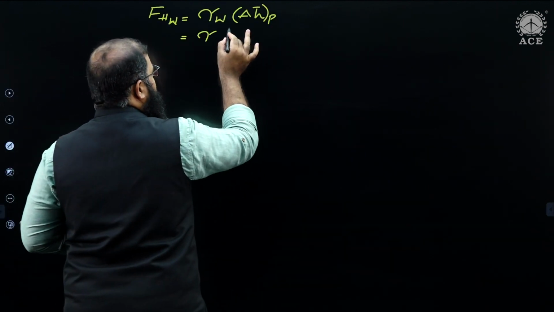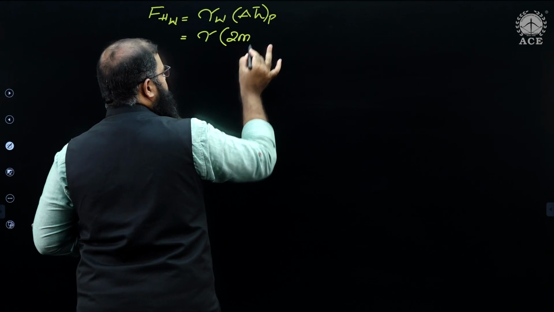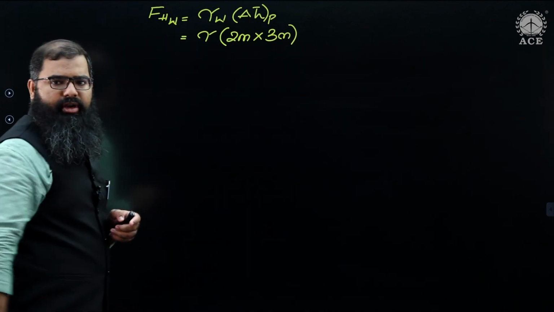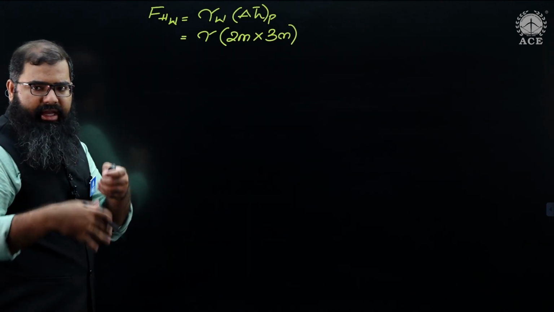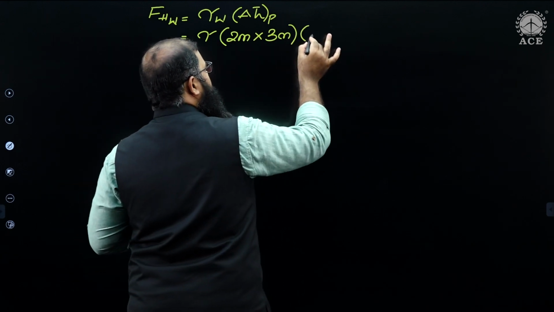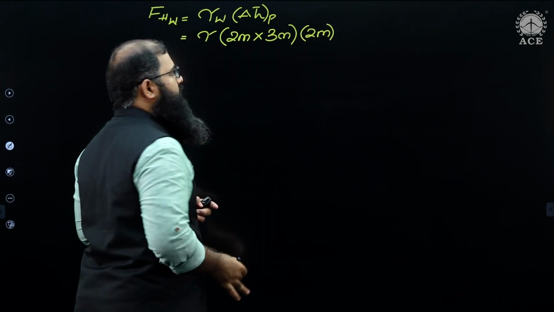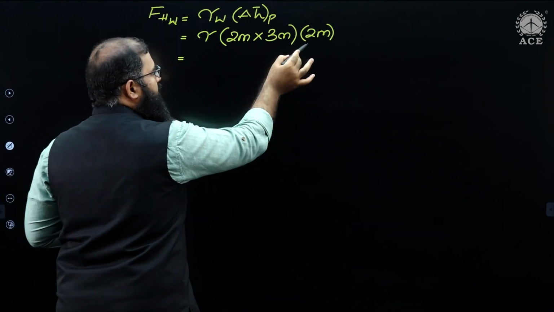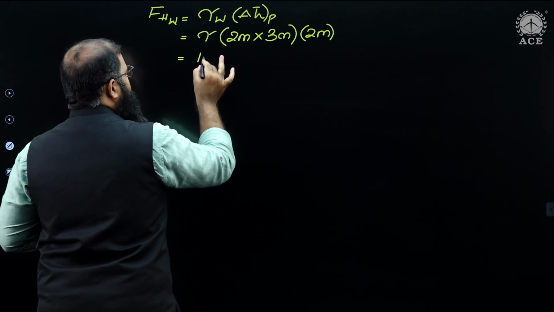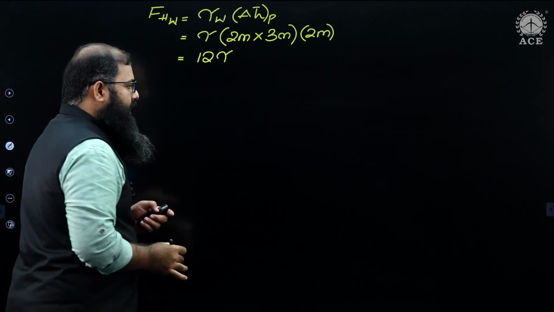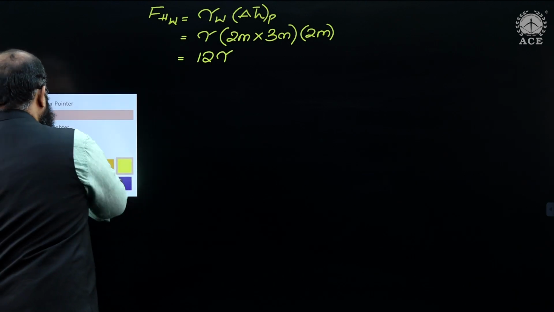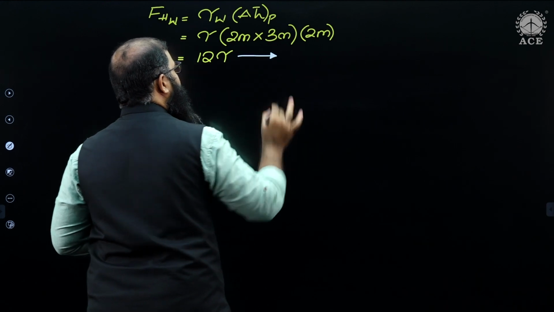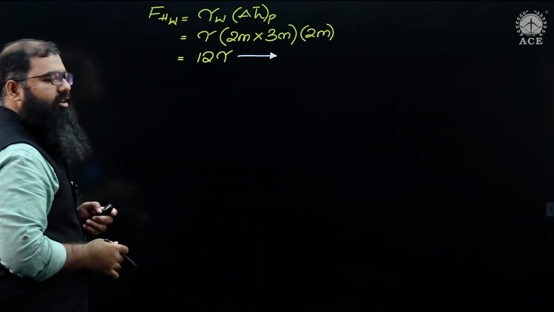Therefore, area over here is supposed to be equal to 2 meters times 3 meters, right? And h bar of projected area, we have already discussed, is equal to 2 meters. So this net value is going to be equal to 2 times 2, 4 times 3 is equal to 12. So 12 gamma. The direction is important for us at this stage. Let us say it is in this direction. 12 gamma in this particular direction.